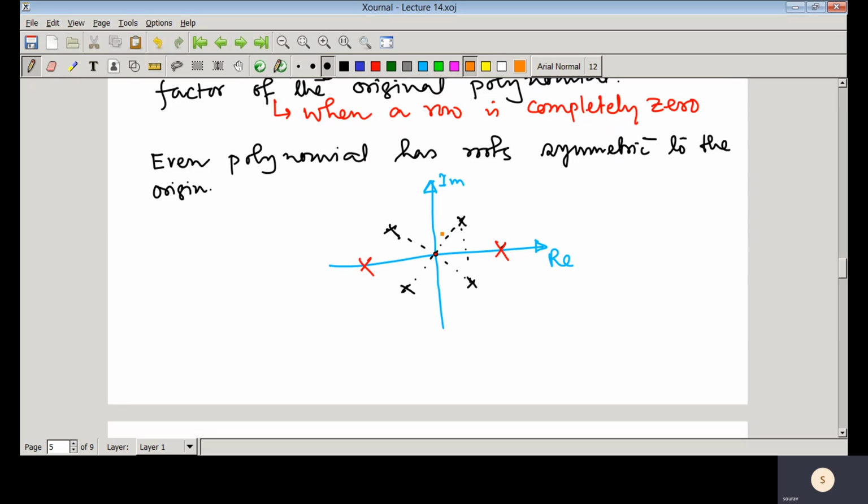If you have one root here, then symmetric to this origin means you would have another root here. So this is actually the property of an even polynomial. That means all roots are symmetric to the origin. So now what happens here?